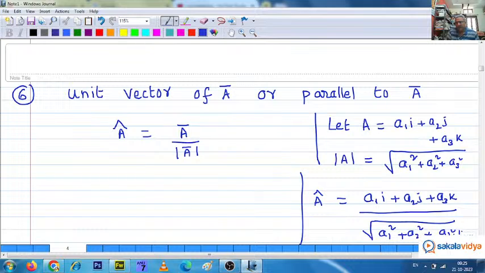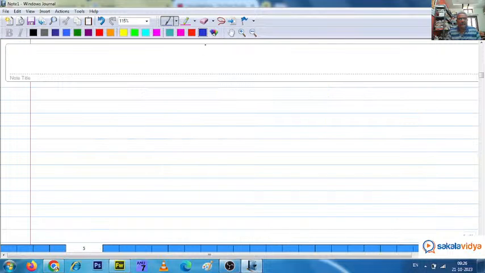Don't worry, while doing the numerical problems you will get better understanding about all these formulae. Okay, next let us move to one more very important concept, the seventh one.